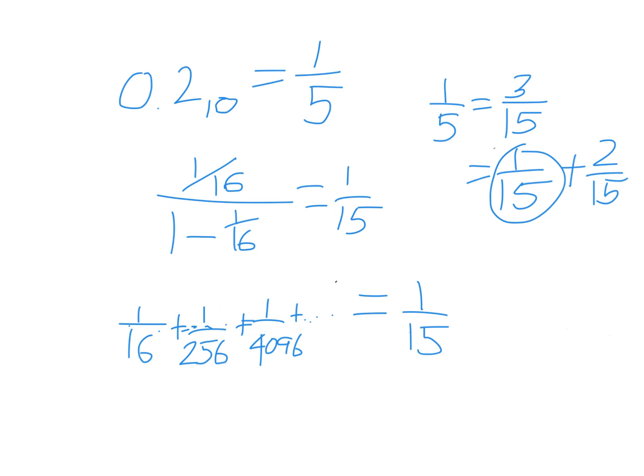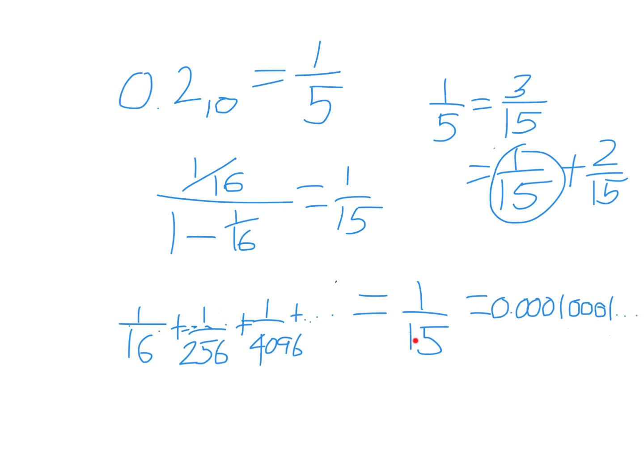So 1 over 15 as a recurring decimal in binary: there's nothing in the 2s, 4s, or 8s column. There is a 1 in the 1 over 16ths column, then 1 over 32, 1 over 64, 1 over 128, and then there's a 1 in the 256 column, and so on.